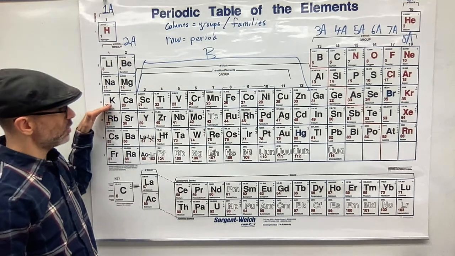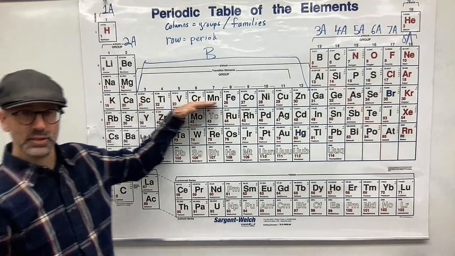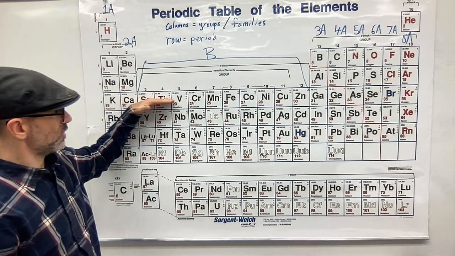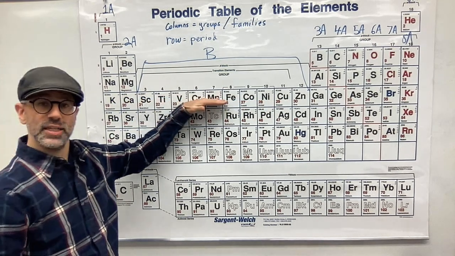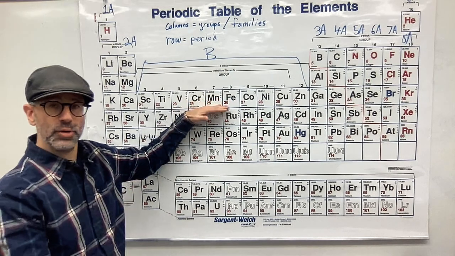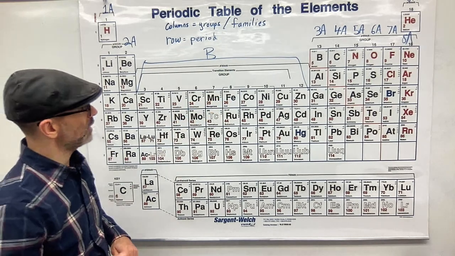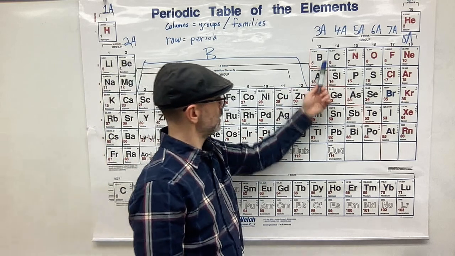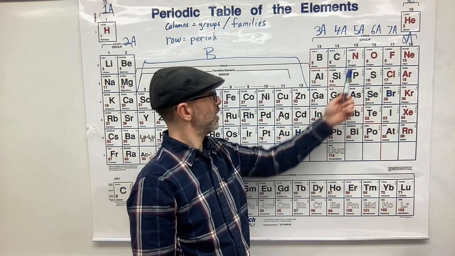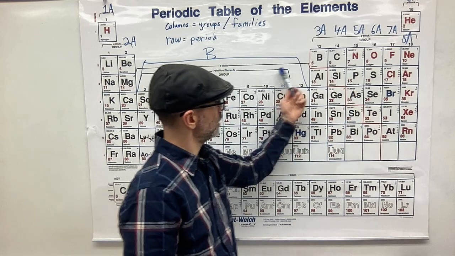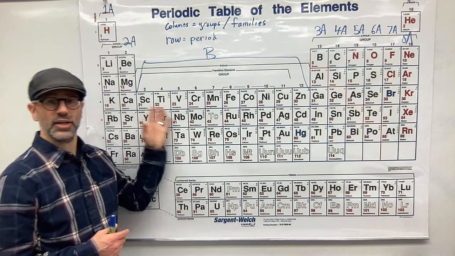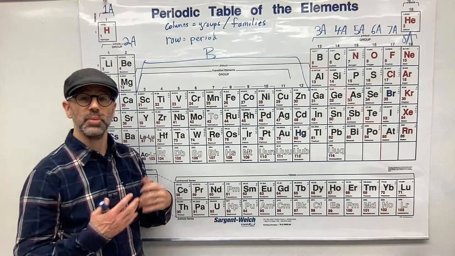So as you go across, certain characteristics of the elements repeat themselves, right? They regularly repeat. So that means that elements in the same groups are going to have similar characteristics. So you see this repeating pattern. And so because you see this repeating pattern in the periodic table, we call them periods.